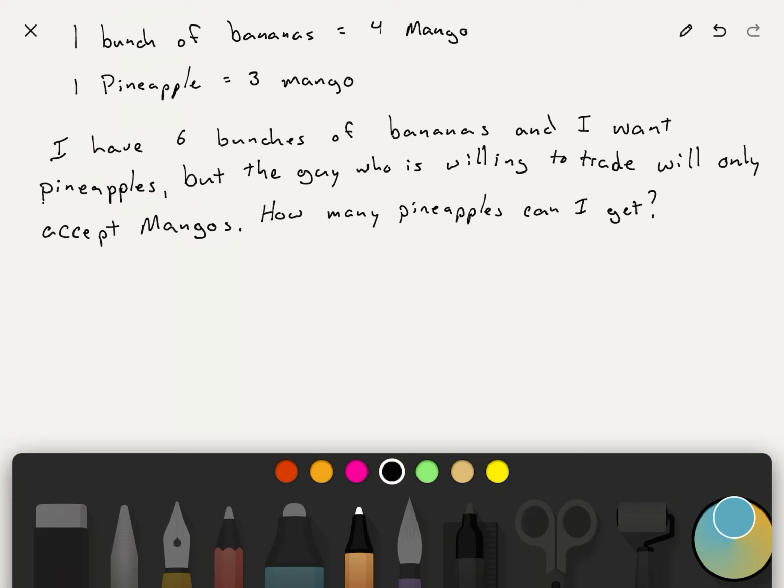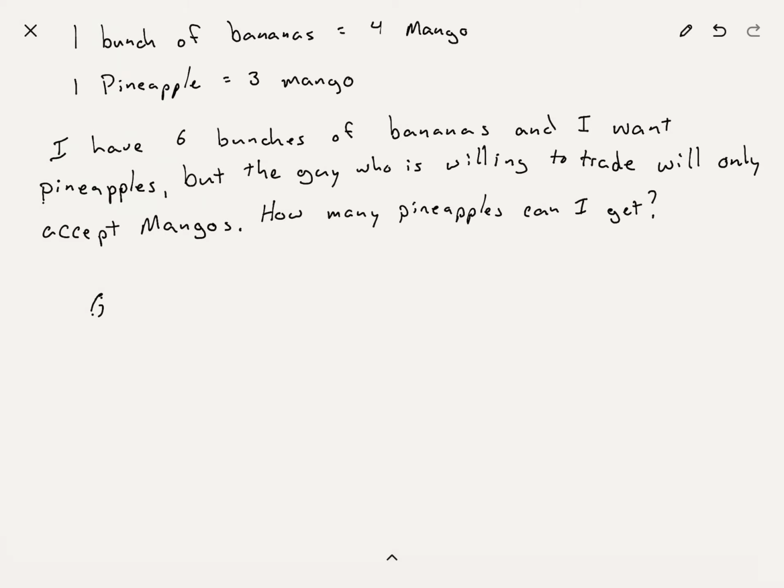So the first thing I need to do is trade my 6 bananas for mangoes. 6 bananas times, I want mangoes, so 4 mangoes for every 1 banana.